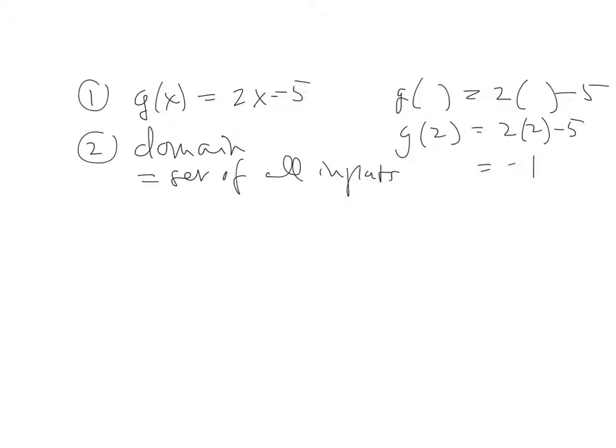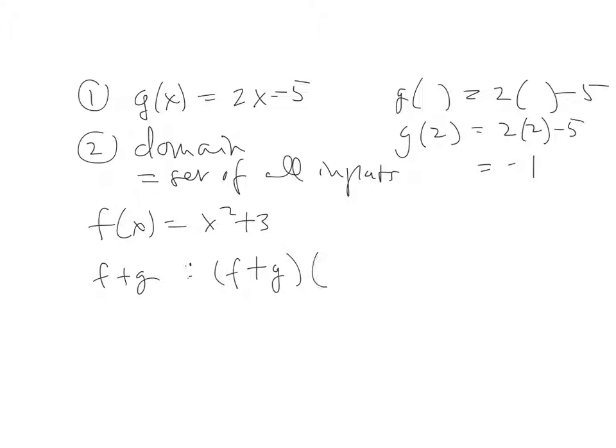Now what happens with functions is if I have a couple of functions, I can always define new functions from those functions. For example, if I had another function f that had this rule of assignment to square and add 3, then these two functions f and g could give me a whole bunch of new functions. Here's a straightforward one, the f plus g function. What is its rule of assignment? It's quite easy.